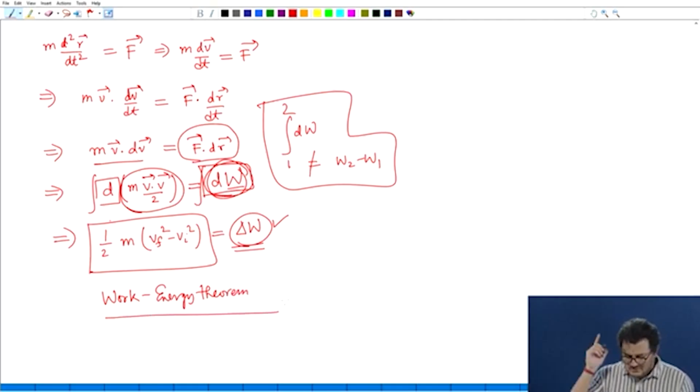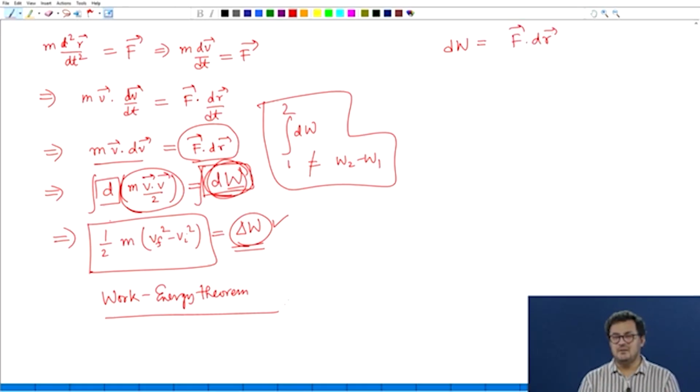Now, the interesting point is, as I said, dW is equal to F dot dr, which is not an exact differential in general. But if F is of this form, minus gradient of phi, then what is dW?